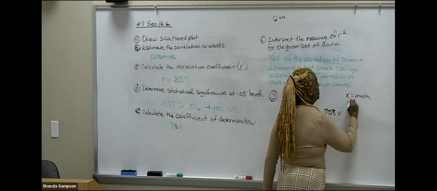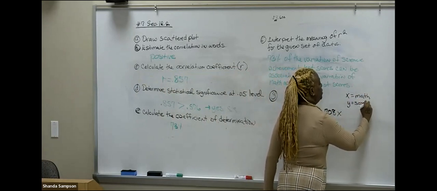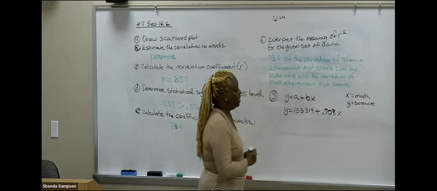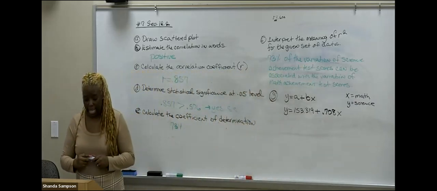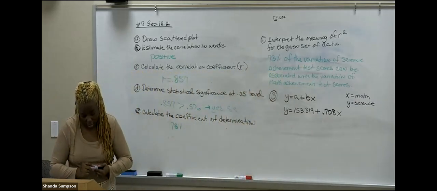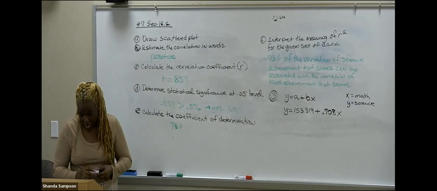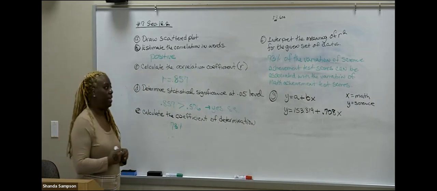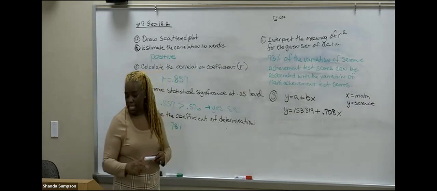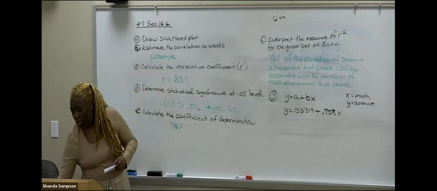And Y was the science score. Just for reference, all right? So the question is giving you the math score. It said a student got 570 on the math score.